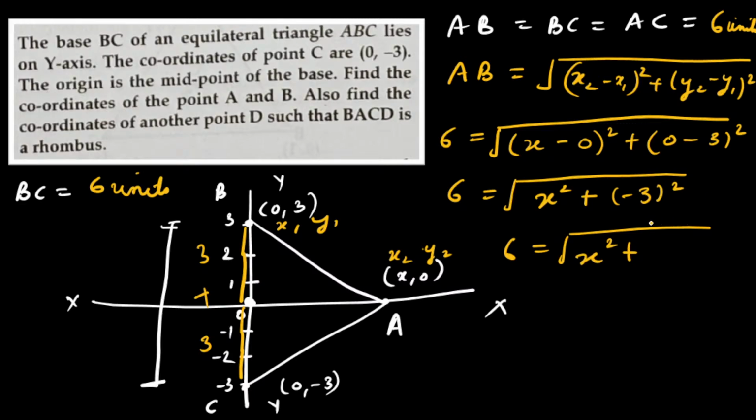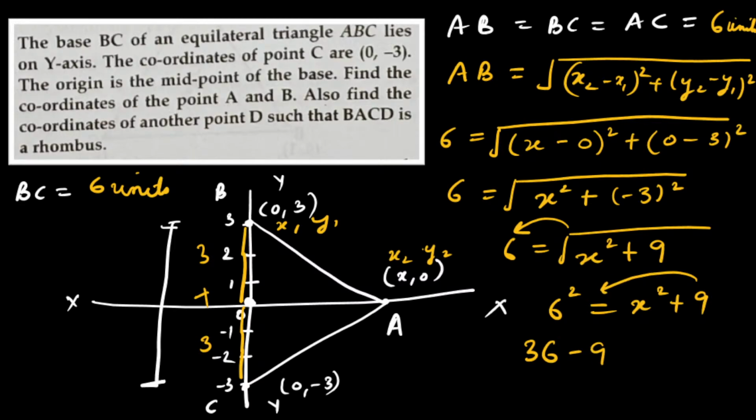The square of a negative is always positive, so minus 3 square is plus 9. Now the square root will shift to the other side, and it will become a square. So 6 square equals x square plus 9. 6 square is 36. This 9 will shift to the other side and become minus 9, equals x square. So 36 minus 9 is 25.